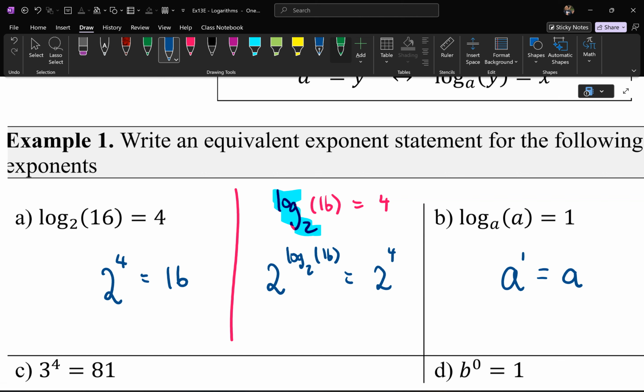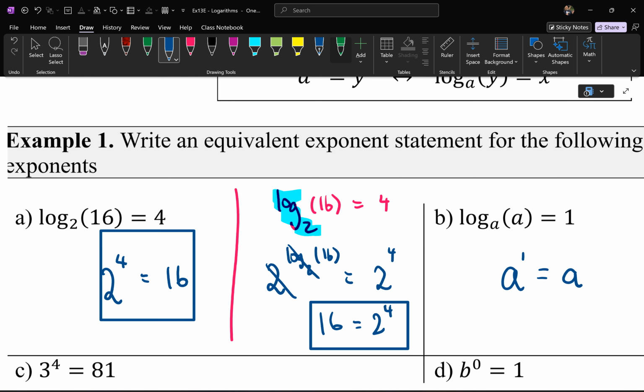So 2 to the power of whatever's on the left, and 2 to the power of whatever's on the right. 2 to the power of 4, and 2 to the power of log 2 of 16. But we know these are inverses, so they cancel out, and you end up with exactly the same equation that we just wrote over here.